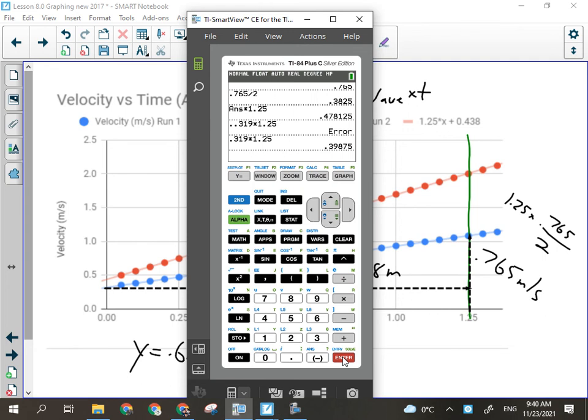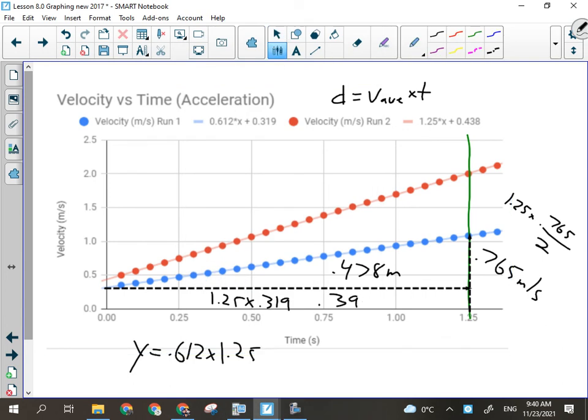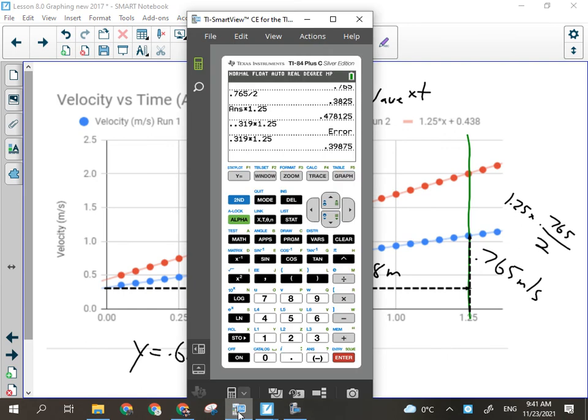So we're going to take 0.399. If I add those two numbers together, 0.478 and 0.399, I will have the total displacement of the object. So the total displacement is 0.88 meters.